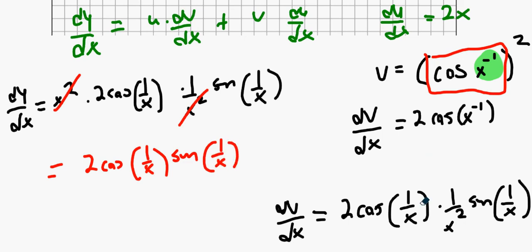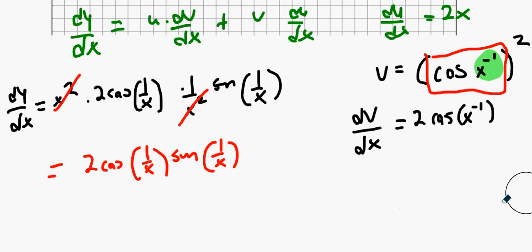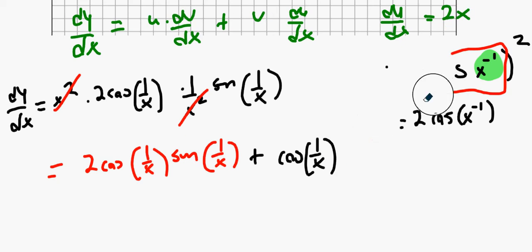Okay. Now, next thing we're looking at is, we have to do v times du dx. Now v is quite simply cos 1 over x, and du dx is 2x. So I'm just going to put the 2x here.